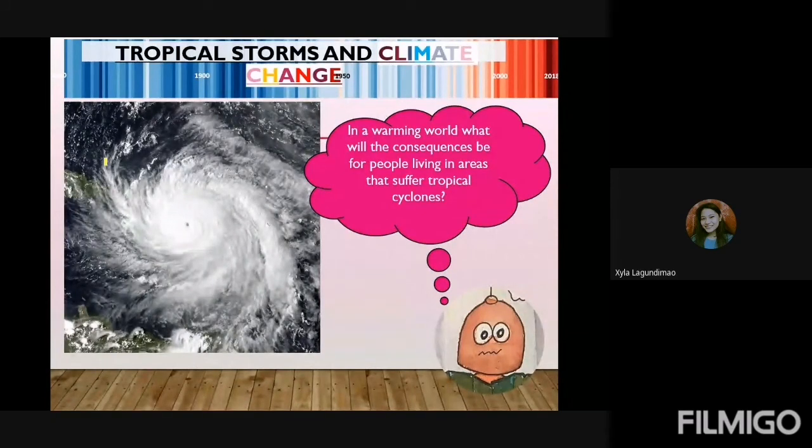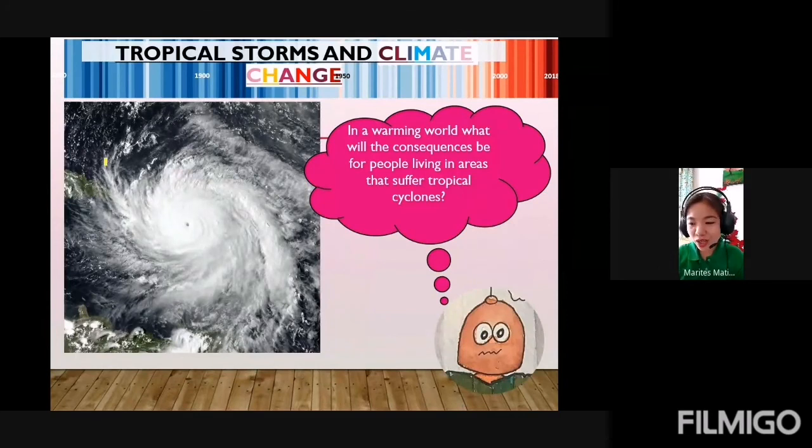Lagi po dapat tayong merong mga first aid kits, ganon, and yung mga food, and yung radio, importante din po yun kasi it will update us in the current happenings. And lastly po, talagang we really need to pray to the Lord, yun po. Well said, Syla. All of them are important, but most especially, always pray to God.